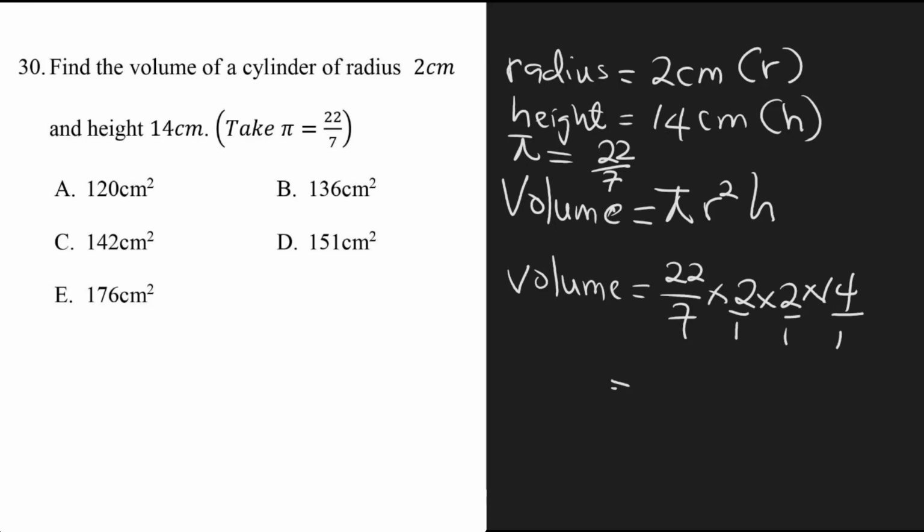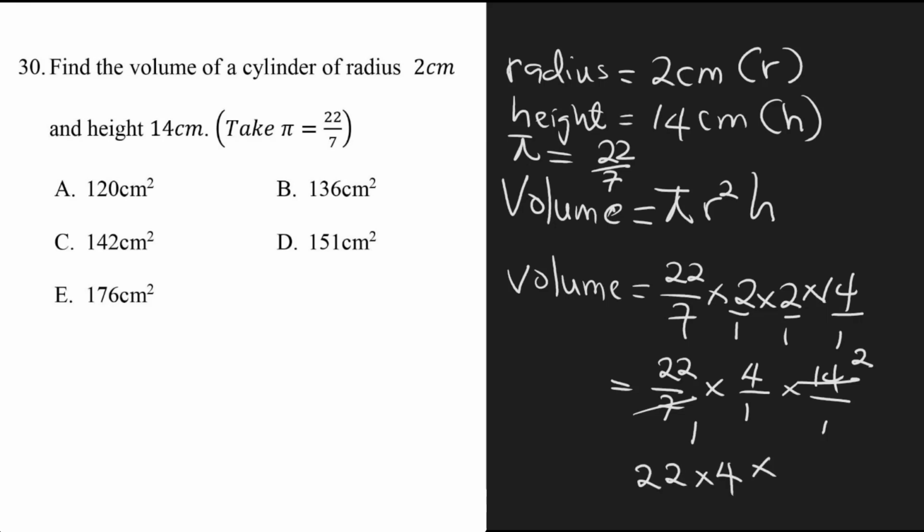So we're going to have 22 over 7 times 2 times 2 is 4. So we have 4 over 1 times 14 over 1. You know that 7 here is 1. 7 into 14 is 2. So we'll be left with 22 times 4 times this 2.